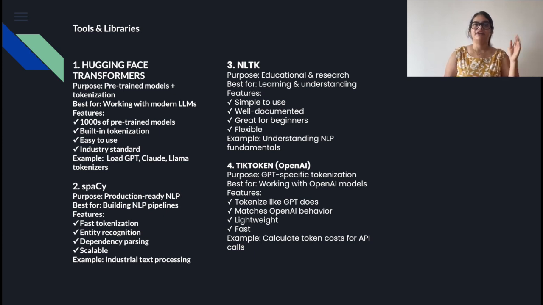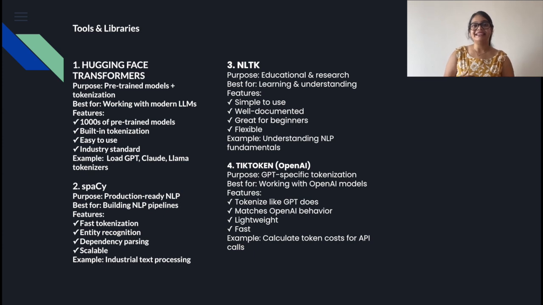It has fast, production-ready tokenization. If you are building a text processing pipeline, spaCy is often the go-to choice. NLTK, the Natural Language Toolkit, is one of the oldest and most educational. It's great for learning because it's simple and well documented. It's perfect if you're just starting out.